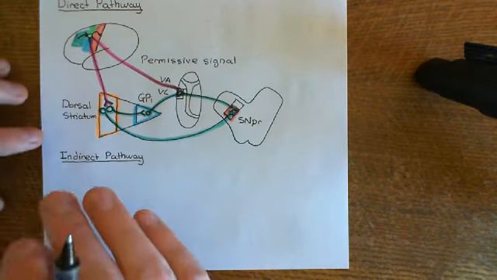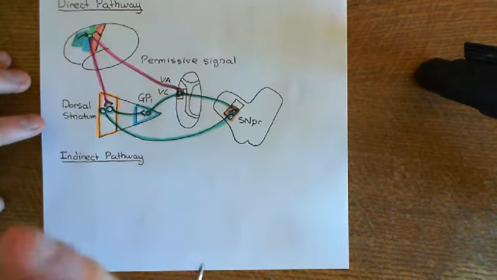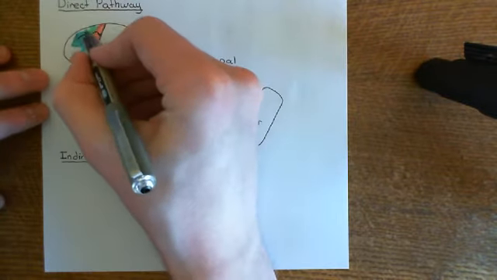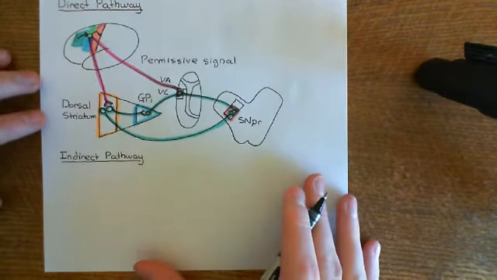Okay, so in the indirect pathway, you're going to upregulate the amount that you inhibit the permissive signals going to the other areas of secondary motor cortex.